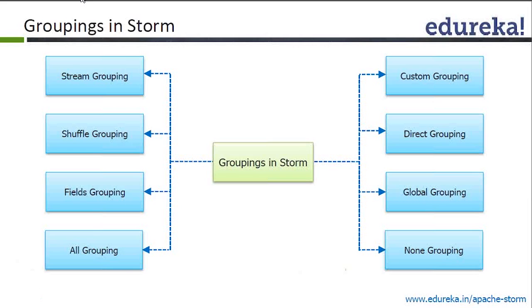There are multiple kinds of groupings possible in Storm, as it shows right now. On the left hand side, the top one, stream grouping, is actually not a type of grouping. All of the remaining ones, shuffle grouping, fields grouping, all grouping, direct grouping, global grouping, none grouping, custom grouping, are the types of stream grouping.